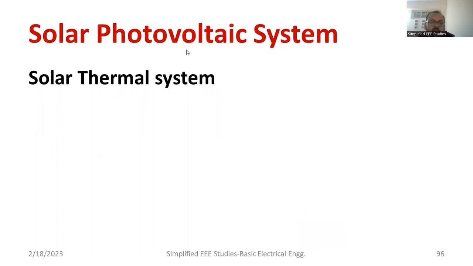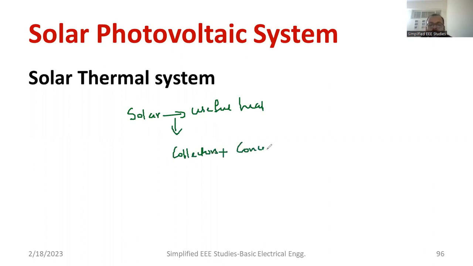Next one is called the solar thermal system. So what do we know about the solar thermal system? In a solar thermal system, solar energy is converted into useful heat. The specialty is that we are using collectors plus concentrators.